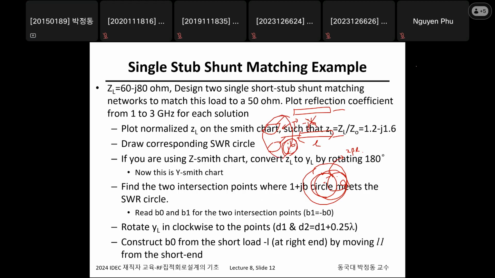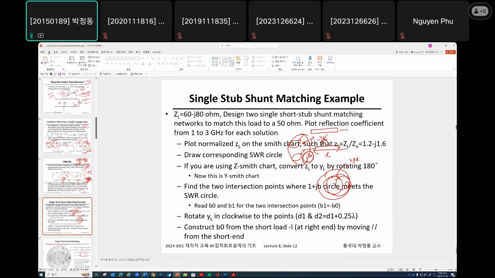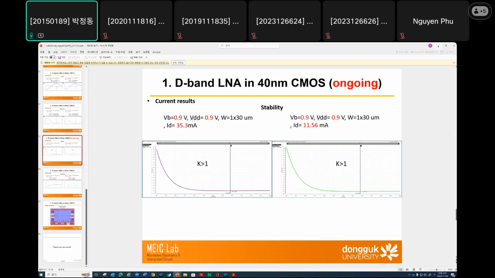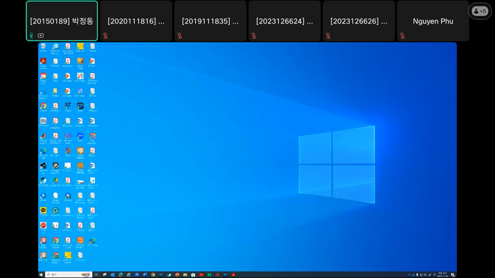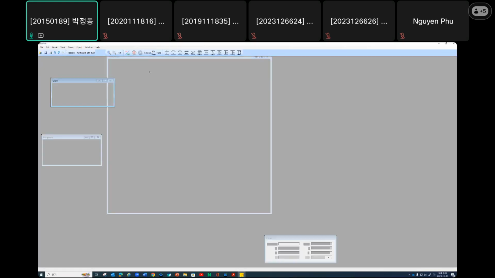So this is very straightforward, right? Because you are not undergraduate students, the design itself is more important, so you may just use a Smith chart.